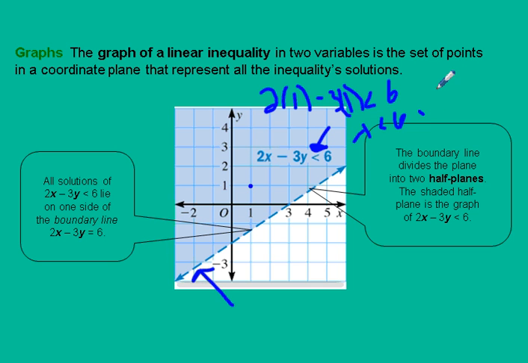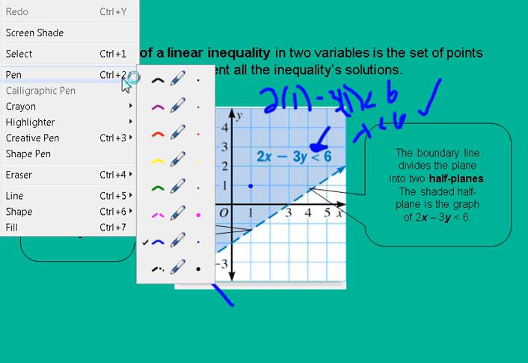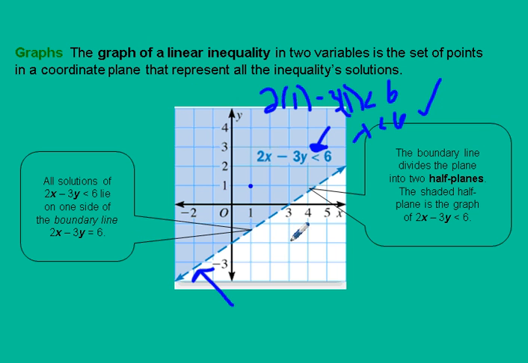So this is true. I'm going to pick a different color, red, because we always think of red as something wrong, a mistake. What if I came down here and picked something easy, like 2, negative 1?